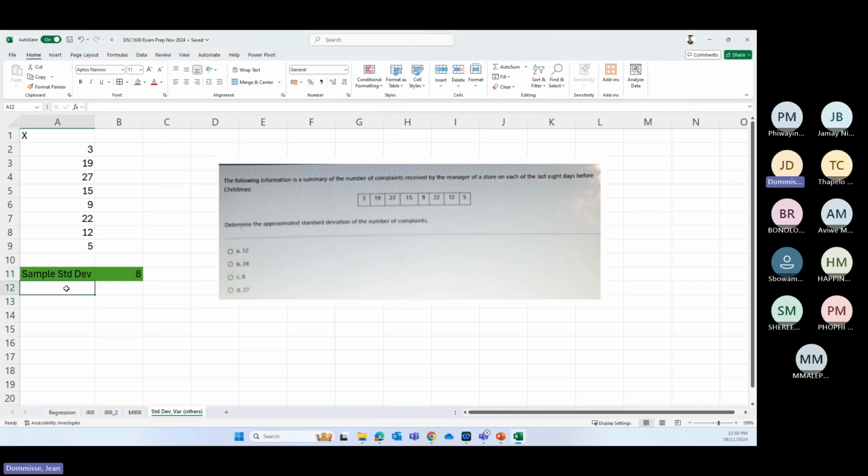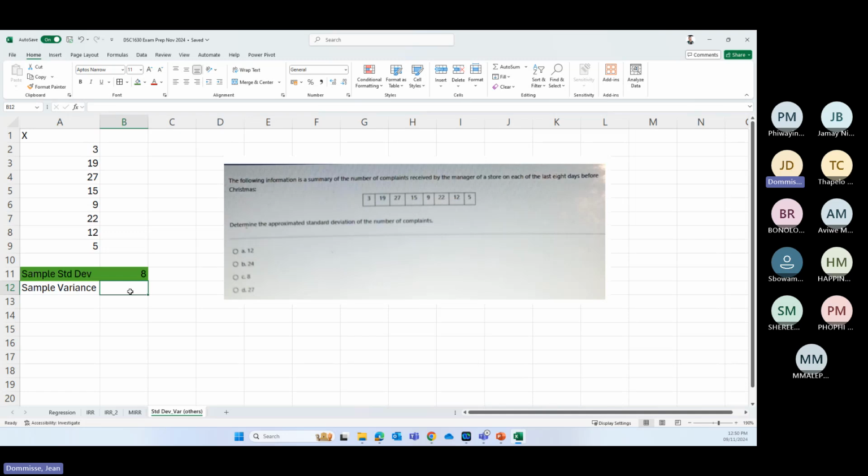Okay, but let's do other things as well. So if they ask us the sample variance, there is also a function for that. So variance of the sample, and you can see, luckily, it's not one of those options.